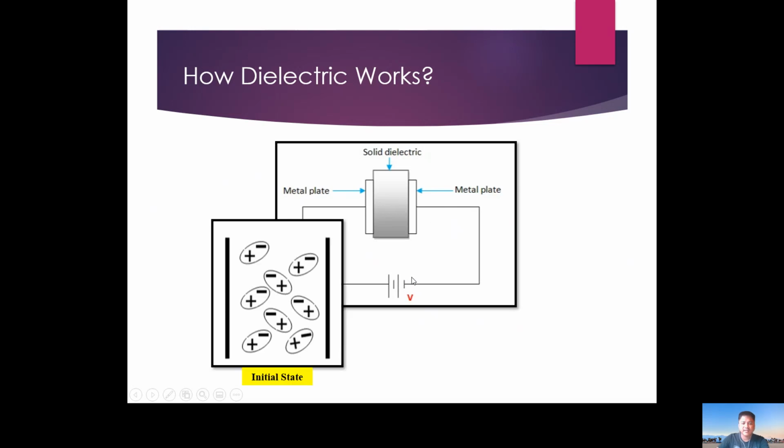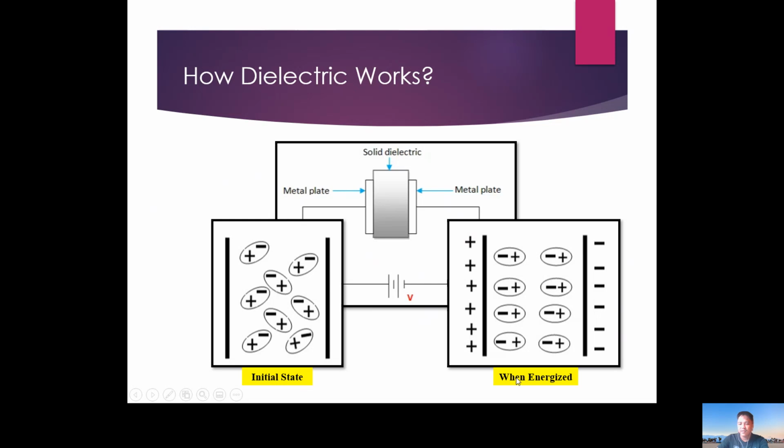I'll show you the initial state of atoms within the dielectric. As you can see in this image, the atoms are moving freely, with no systematic orientation. Upon having the supply, or when the dielectric is energized, this becomes the image.